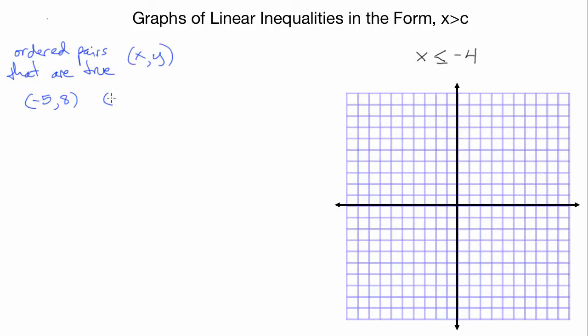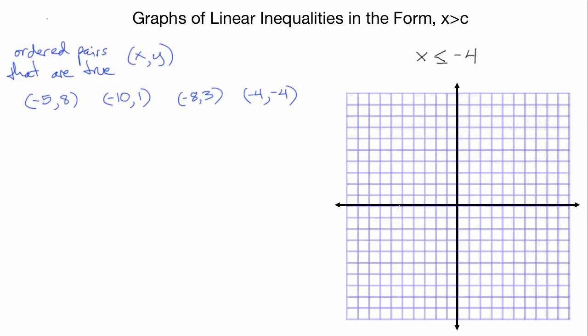We could have -10 and 1. We could have -8 and 3. And we could have -4 and -4. -4 is an x value that is less than or equal to -4, so it also would be considered a point that satisfies that inequality.